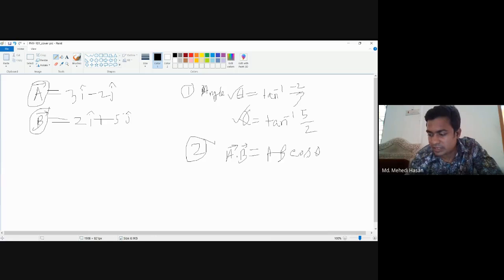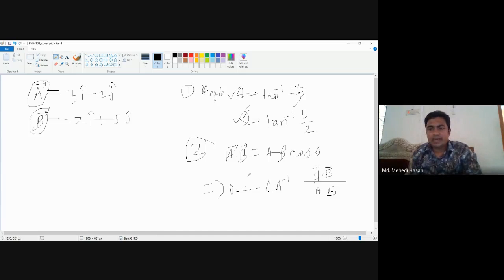Then finally you can say theta equal to cos inverse of A dot B divided by AB. Here A is the magnitude of vector A and B is the magnitude of vector B.